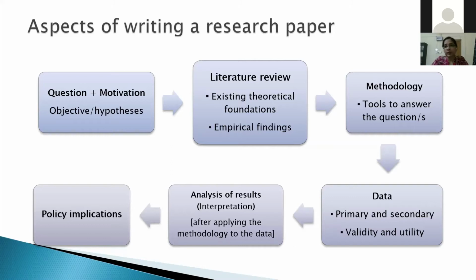Okay, and secondary data, which is already collected by either the government or another NGO or another data collection body, and then you are using it, trusting them that yes, they have collected it fairly, and then you can use it depending on your question. Again, what data you use is based on what is your question to start off with, right? Its validity and its utility.